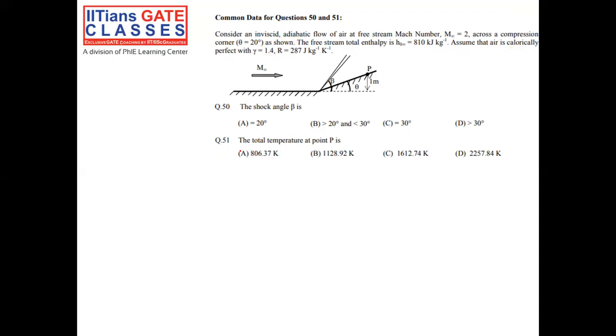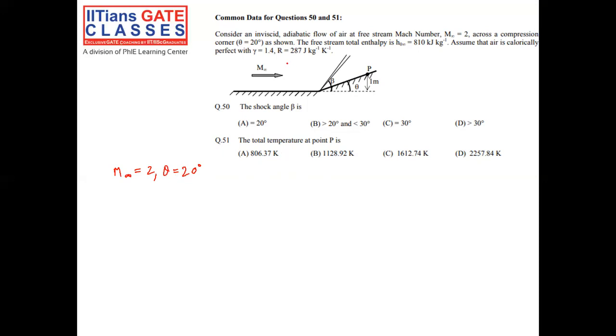So what will be the shock angle beta and the total temperature at point P? Okay, so we have the given information that the free stream Mach number is 2 and deflection angle theta is 20 degree.